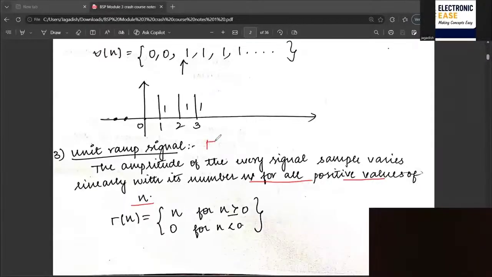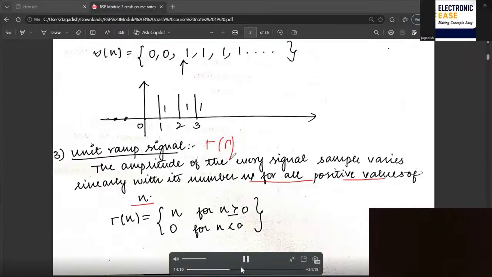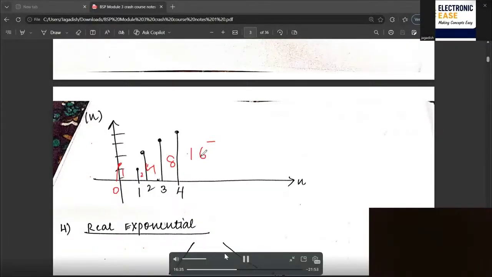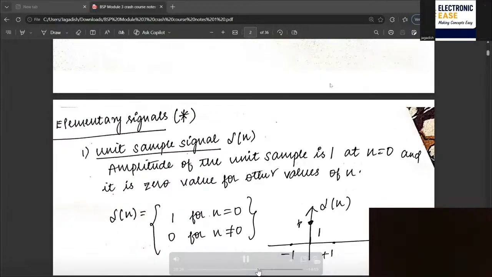Ramp signal is denoted by ramp of n. For the other values of n it will be 0.